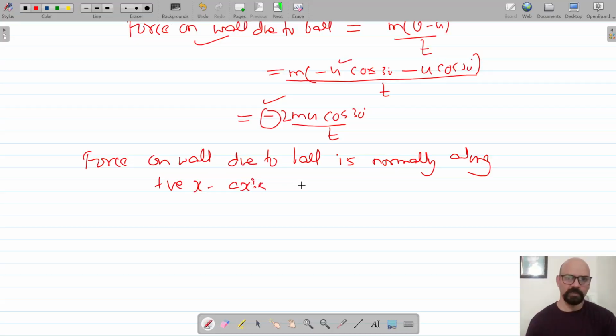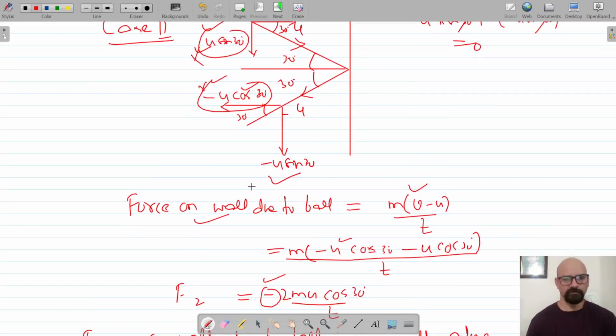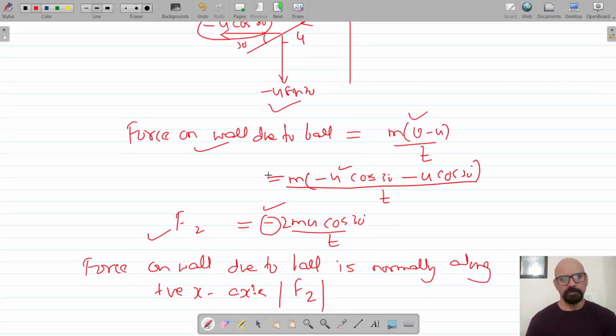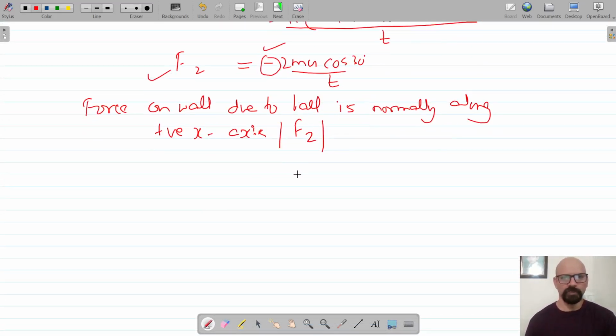So let's say this is the force F2 and this is the force F1. And its magnitude will be the magnitude of F2. Okay, so we are just done with finding out the force on the wall due to the ball in both the cases.